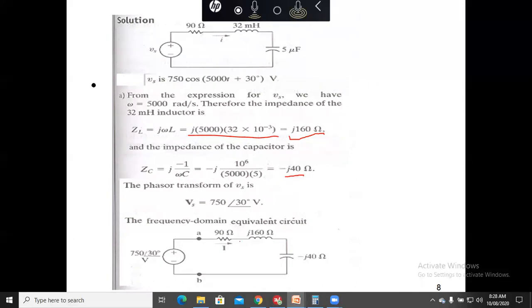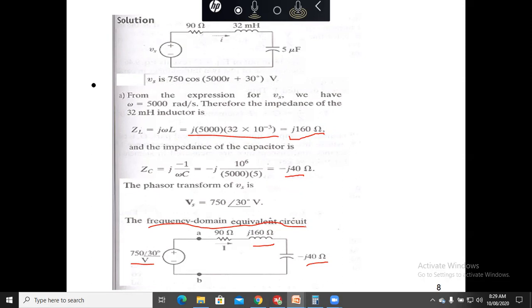Now we simplify this network. We have the voltage 750 at the angle of 30 degree, and we have 90 ohm, j160 ohm and minus j40 ohm. This in fact is the frequency domain equivalent circuit. Now we can easily calculate the current.